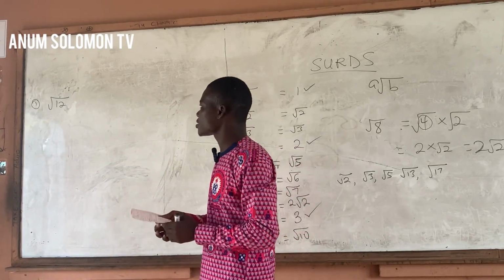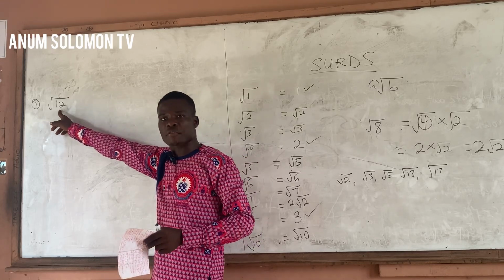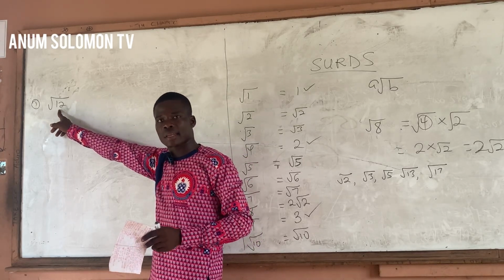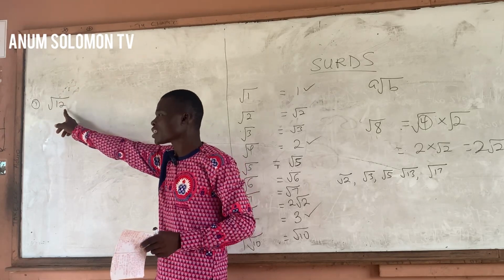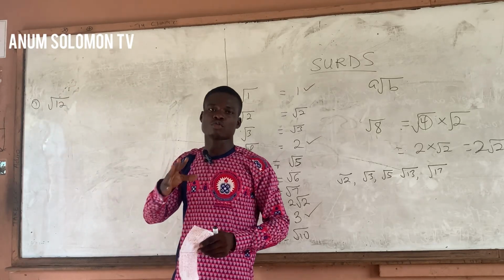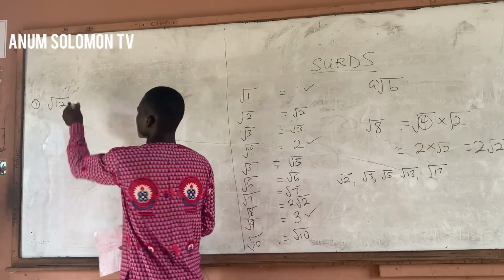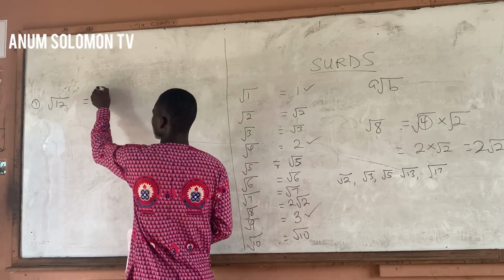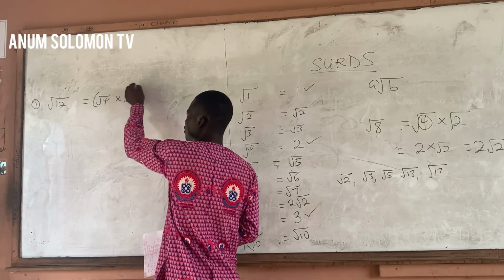So when you check this root 12, since the 12 has a perfect factor, meaning it is not in its basic form. And the perfect factor of 12 is 4. So root of 4 times root of 3.